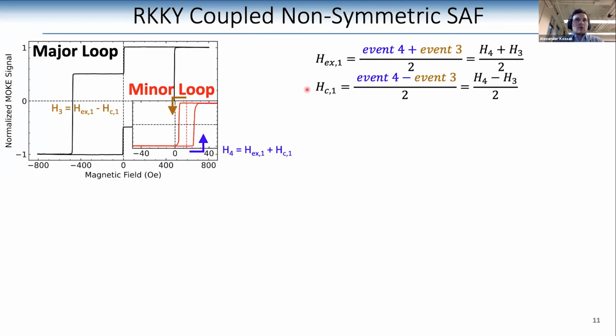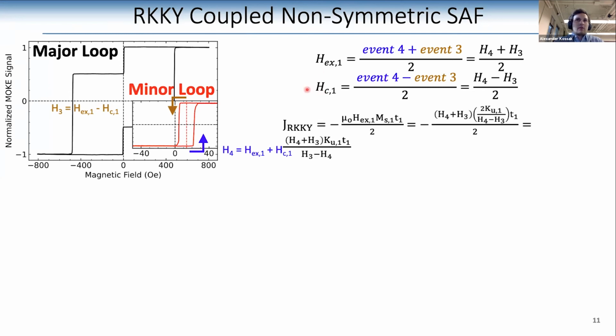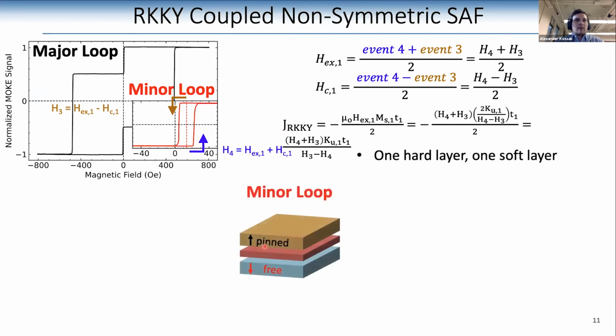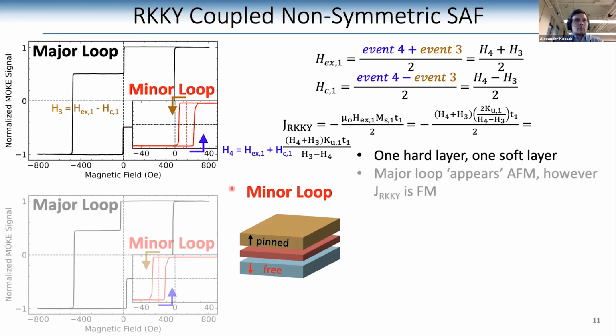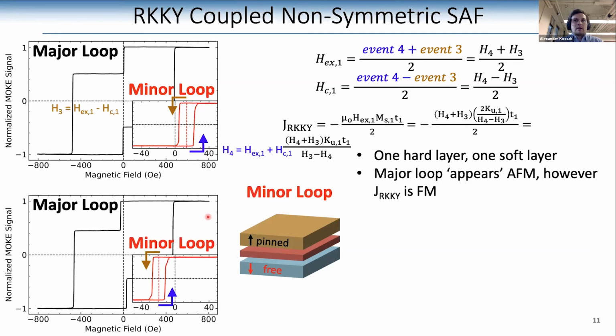And we can use the exchange field and the coercivity to then quantify our RKKY coupling constant between our two magnetic layers. And the advantage of the minor loop, where one layer is pinned, which is our cobalt palladium layer on top, and the bottom cobalt platinum layer is free, is that we can not only quantify the antiferromagnetic coupling of our heterostructure, but we can also quantify the ferromagnetic coupling.